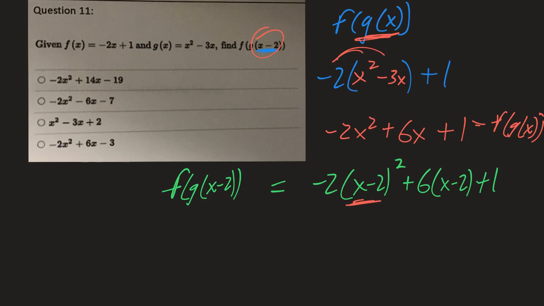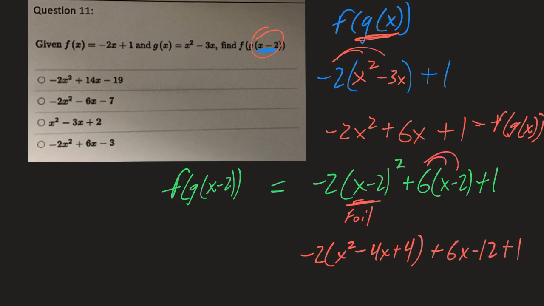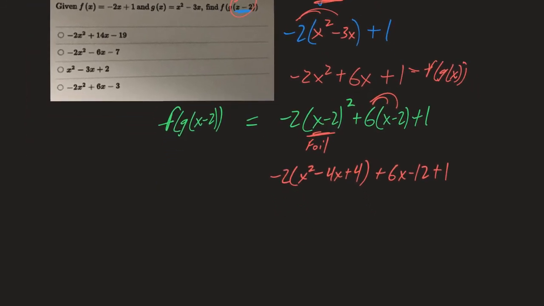So first we will use FOIL for this, okay? Don't ever forget that. Negative 2 times x squared minus 4x plus 4, sorry. Plus, I'm going to distribute my 6 in here. 6x minus 12 plus 1. Okay, distribute our negative 2 in here.